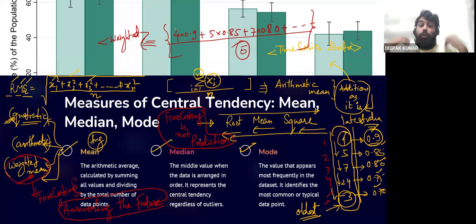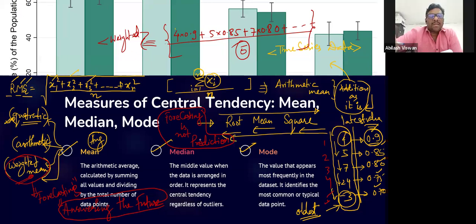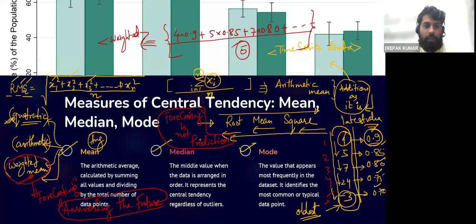But when you want to look into the future and take a decision as a stakeholder, forecasting helps, not prediction. So it's a very subtle difference. Hope I could make clear the difference between prediction and forecasting. So always remember, answering the future question is forecasting. So F for future and F for forecasting. Simple.